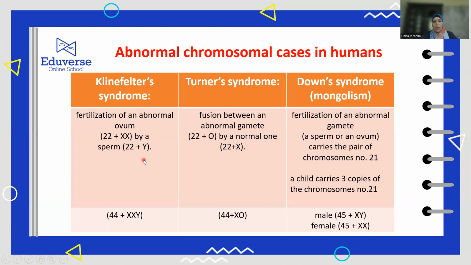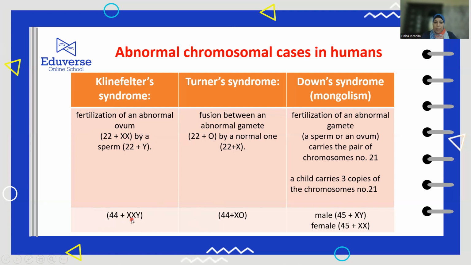The product will be 44 plus XXY, and this is an abnormal case, which is called Klinefelter.